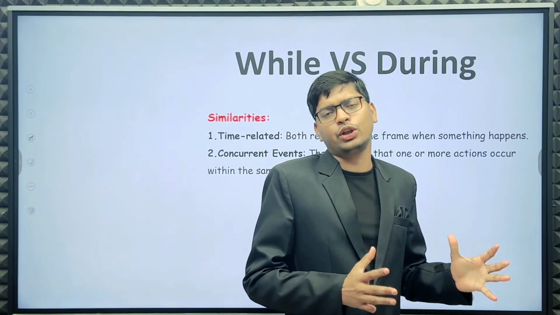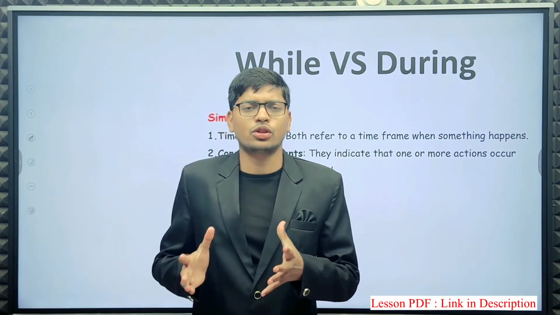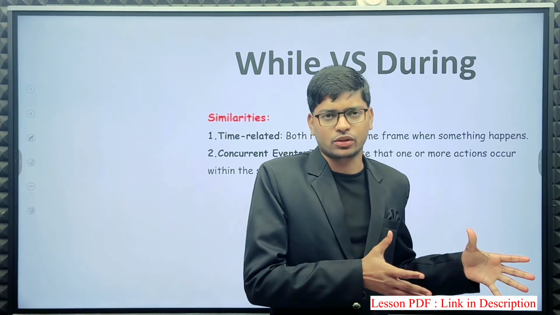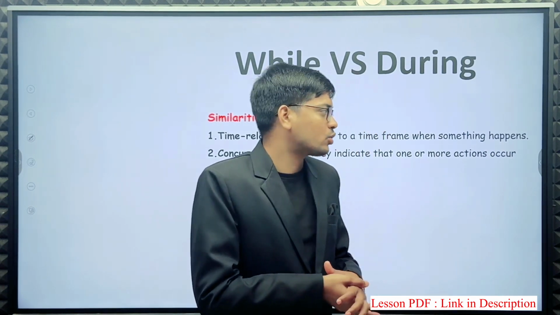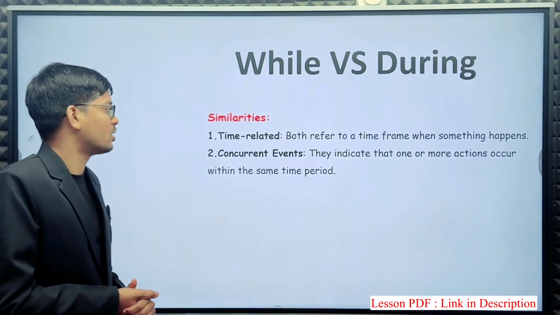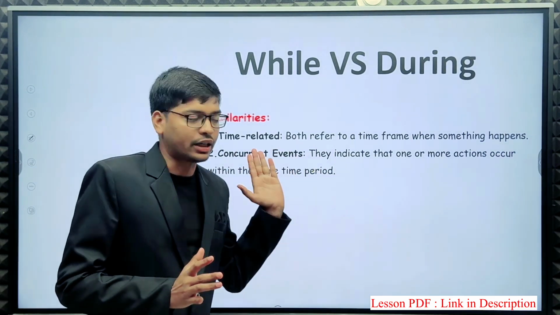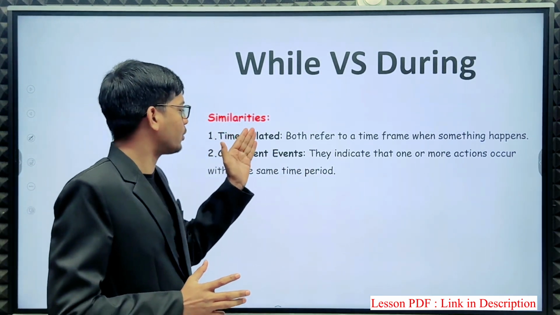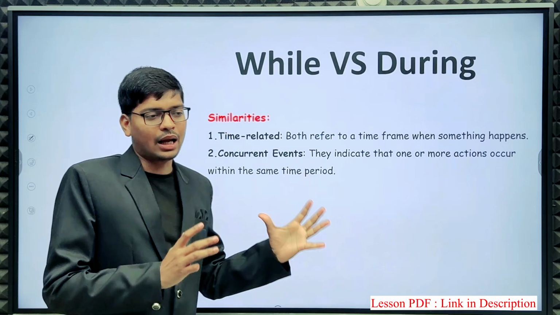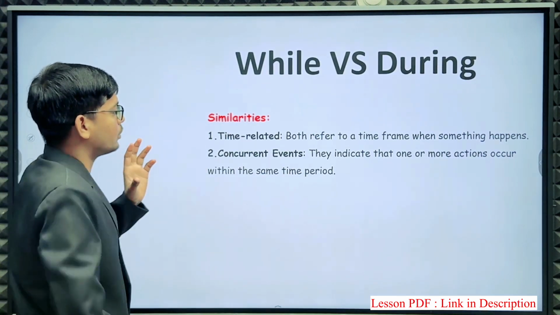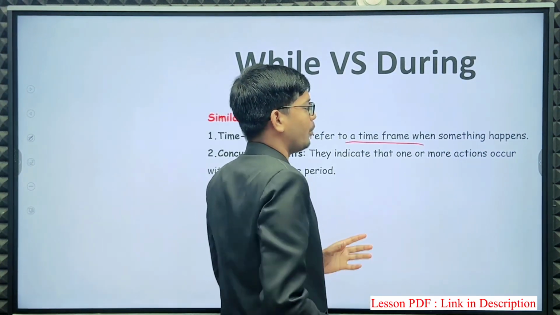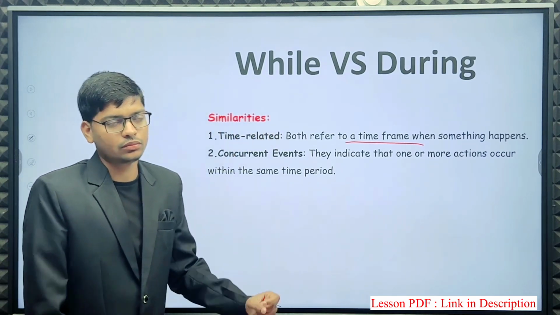First of all, guys, you need to understand the similarities of these keywords. The first similarity is that they are time related, and the next is concurrent events. Both refer to a time frame when something happens.